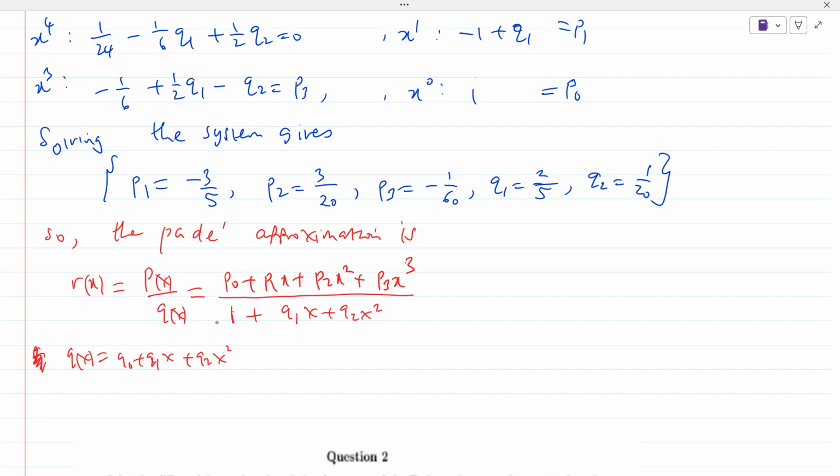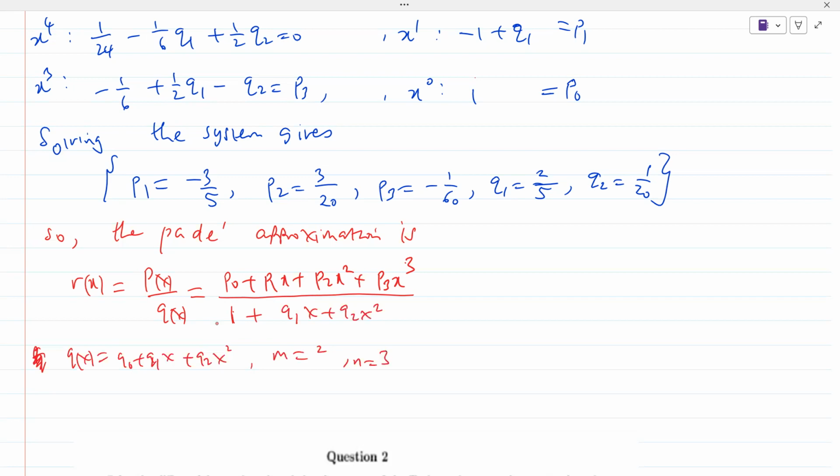Okay, look at this now. From the question we were told that m must be 2 and n must be 3.